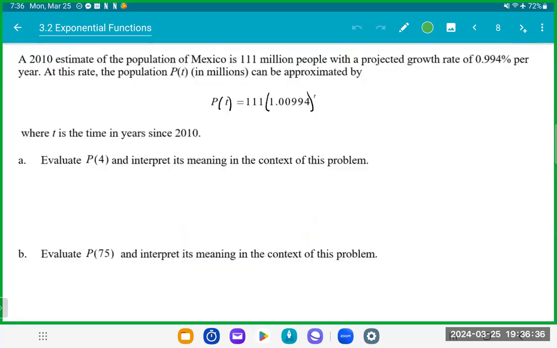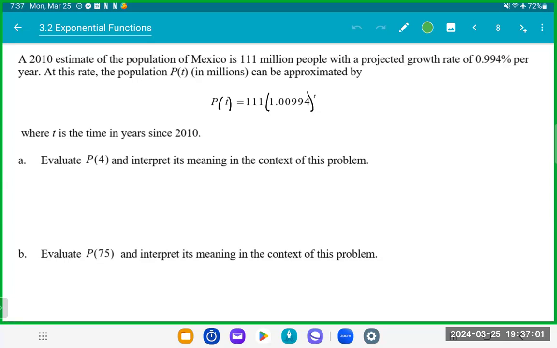Let's look at one more type of example that you guys might see in your homeworks. So this one says a 2010 estimate of the population of Mexico was 111 million people with a projected growth rate of 0.994% a year. So not quite 1% growth a year.